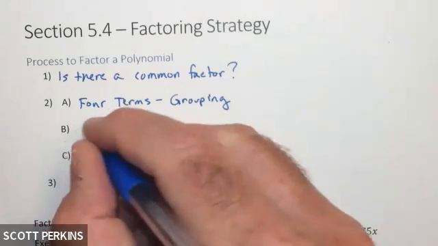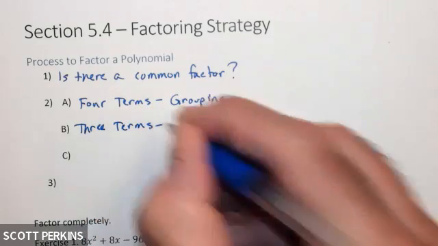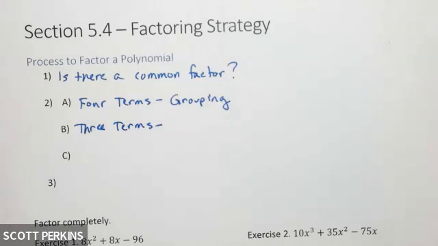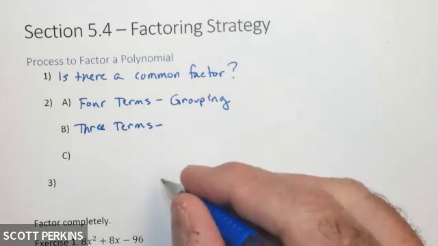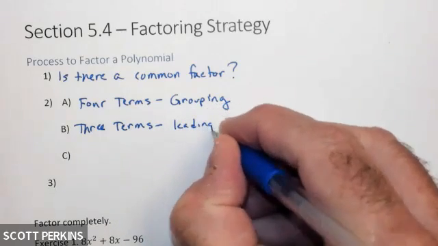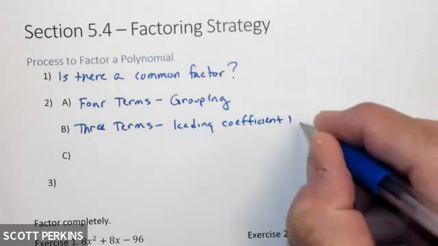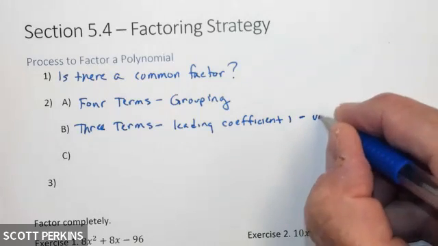The next thing is if there are 3 terms. 3 terms, I'll kind of subcategorize this. If the leading coefficient is 1, then what we did is we unfoiled.